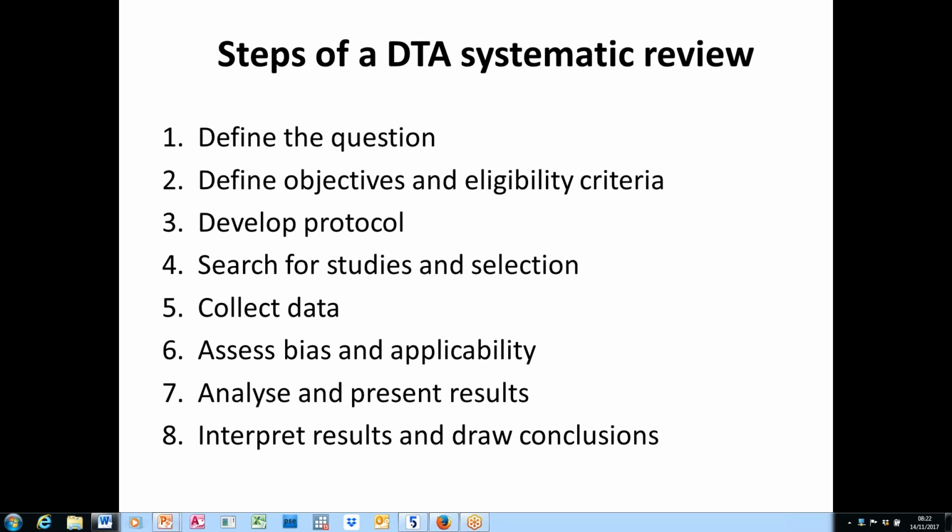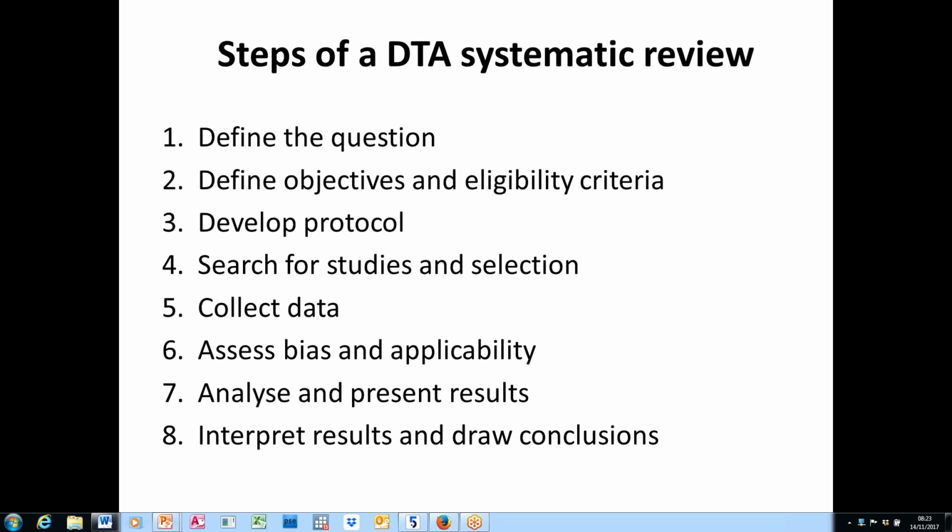Right, let's move on then to thinking about the steps of a systematic review. So on the screen now, you should be able to see our list of 8 steps of a systematic review, and this should be familiar because it's the same whether you're doing a review of an intervention or a review of a test or a review of anything else.